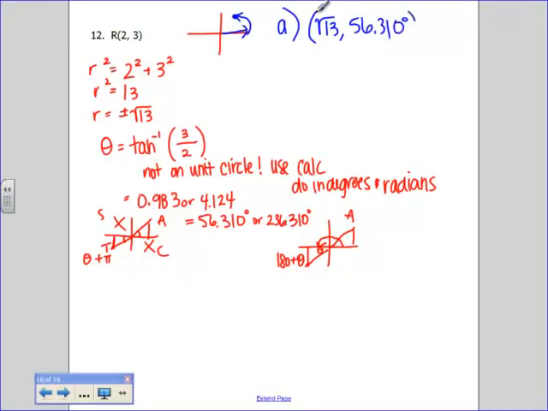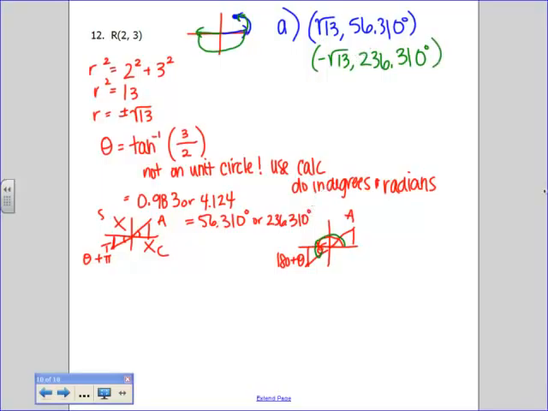So I've got positive square root of 13, 56.310 degrees. If I go negative square root of 13 instead, then I'd have to rotate two full quadrants and that extra piece, which is the second angle that I picked out. So negative square root of 13 would have to pair with 236.310.